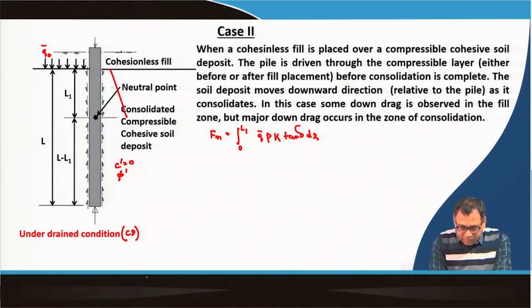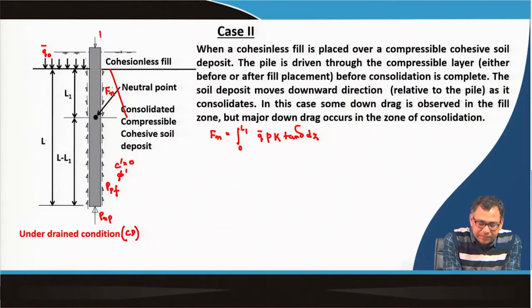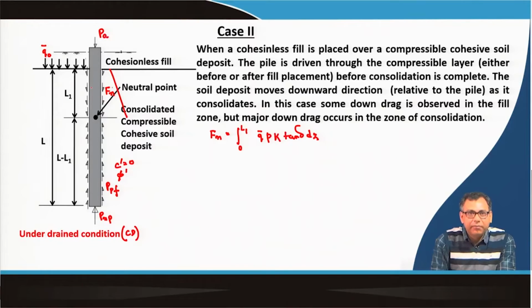And there is an Fn part, so Fn is acting here. Then this is the negative skin friction, then there will be a positive skin friction, that we are talking about as PPF, positive skin friction, and there is a tip resistance PNP, and this is the PA which is acting on the pile.